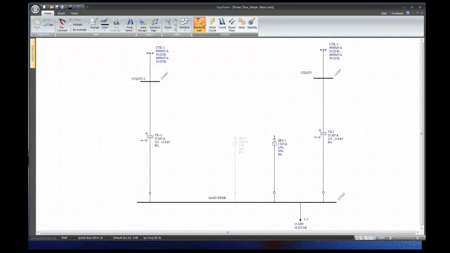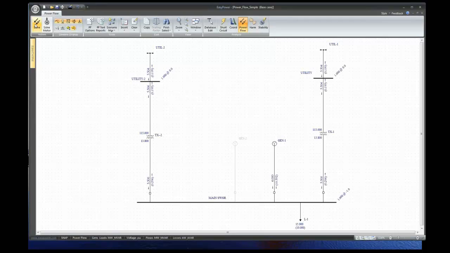When I run my power flow, I have identical power flow from each source. These are both swing sources. So my generator is still doing its thing, trying to hold this voltage up here. But now I have split the utility load between two sources. These transformers are identical, so basically everything is divided up equally. Now if I were to change this transformer size or impedance, then the contributions would not be equal.